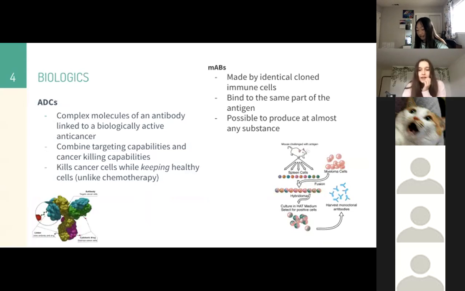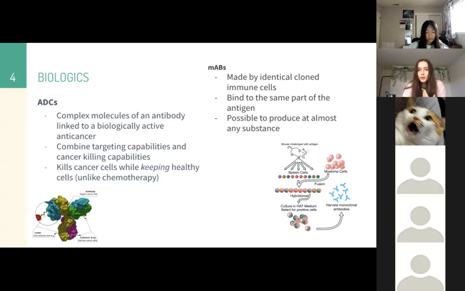And then we talked about applications. ADCs and mABs are both drugs that are used to treat cancer. ADCs stand for antibody drug conjugates, and they're complex molecules of an antibody linked to a biologically active anti-cancer drug. They combine targeting capabilities and cancer killing capabilities.